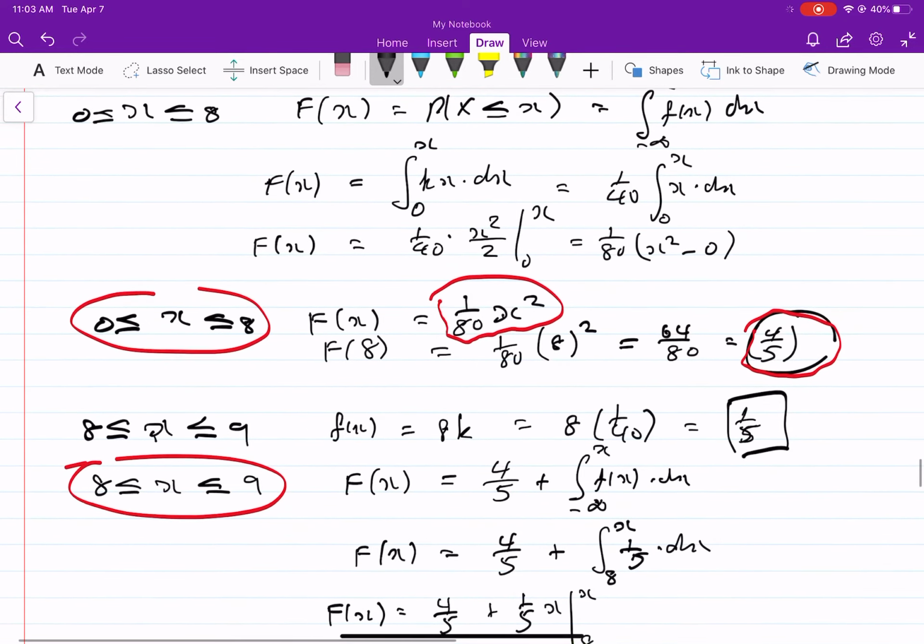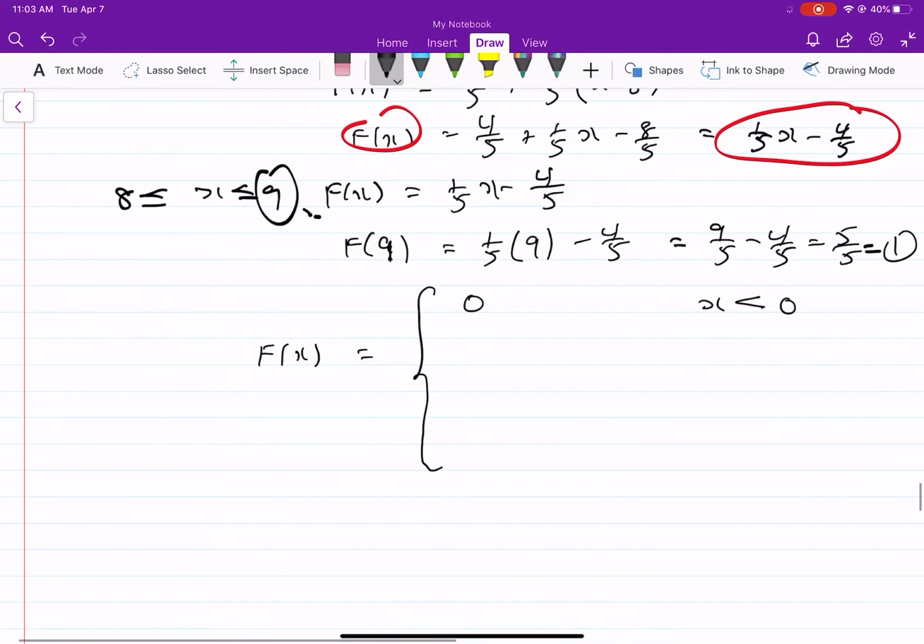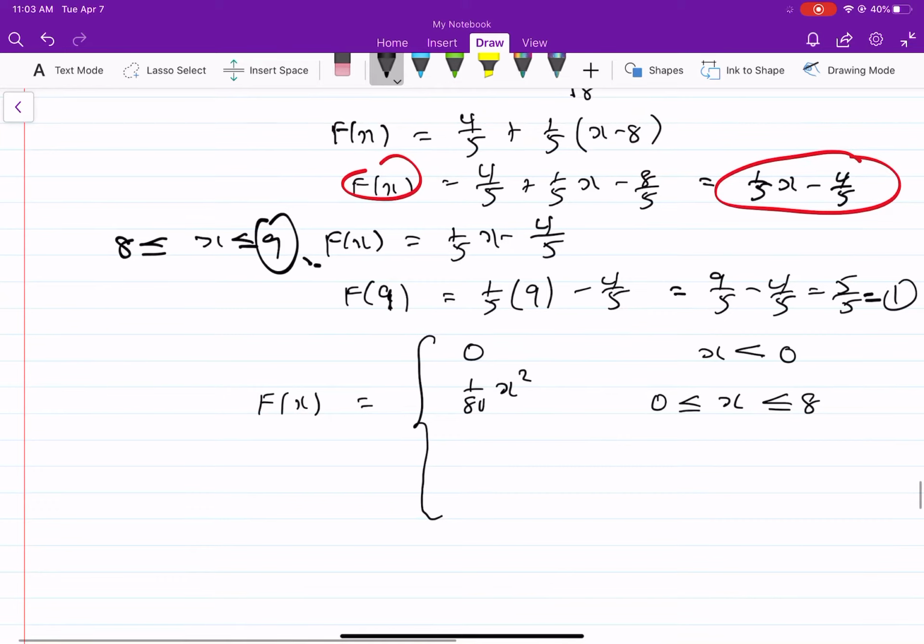I'm going to say it's 1/8 squared for x greater than or equal to 0, less than or equal to 8. I'm going to say it's 1/5 x minus 4/5 for x greater than or equal to 8, but less than or equal to 9. And then it's 1 for x greater than or equal to 9.